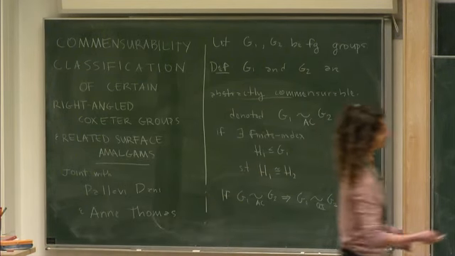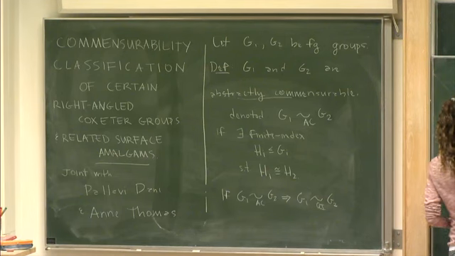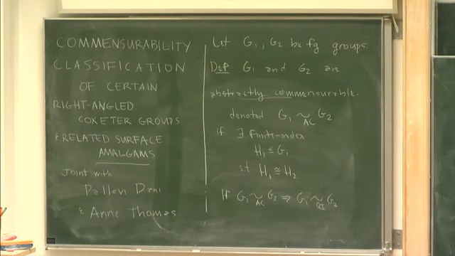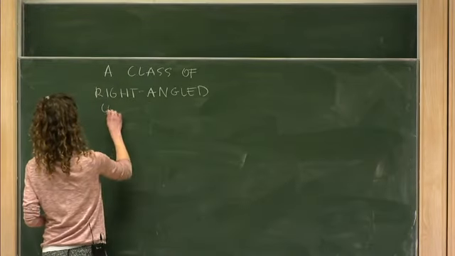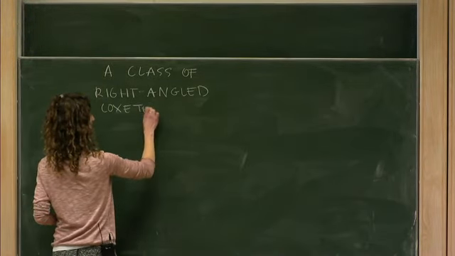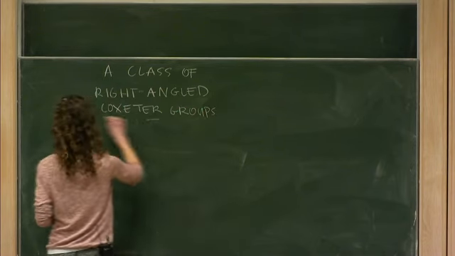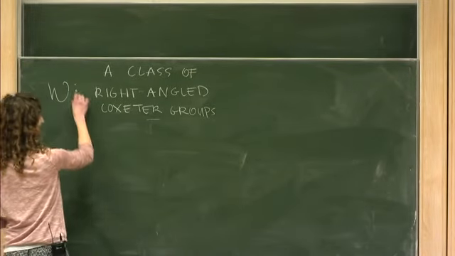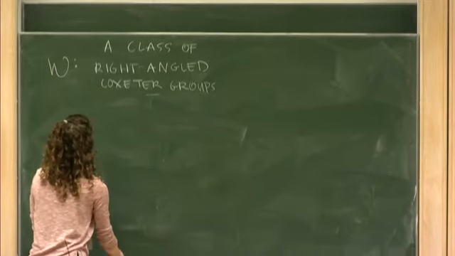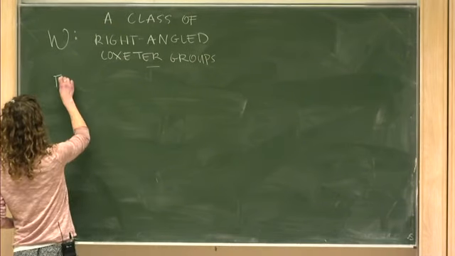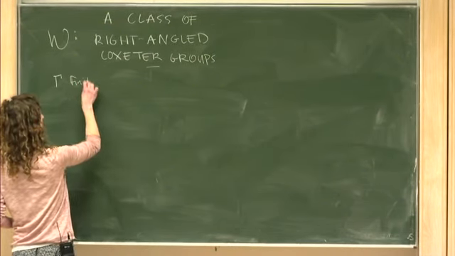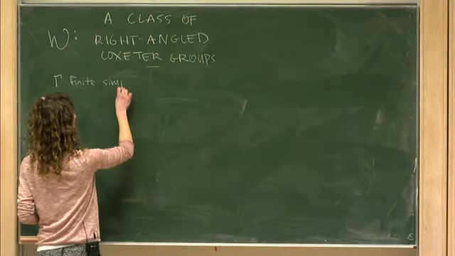So we consider these problems for a class of right-angled Coxeter groups, which I'll denote throughout the talk by the letter W. To set notation, gamma will always be a finite simplicial graph.